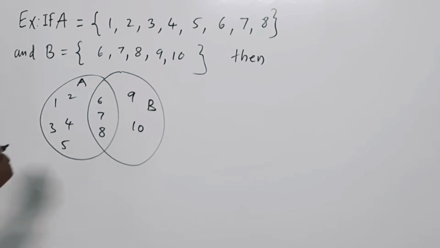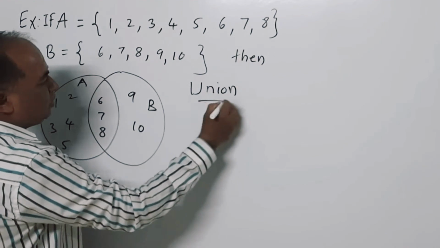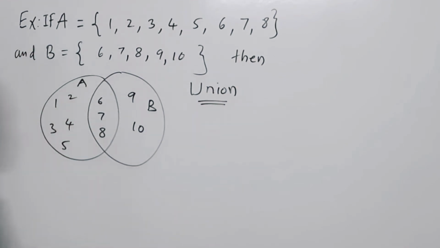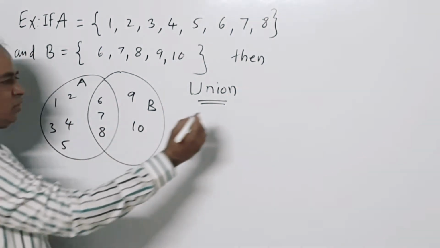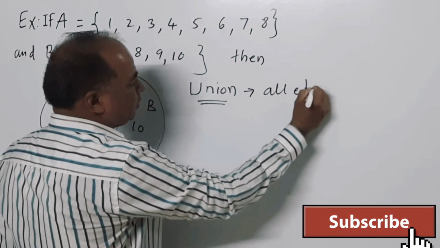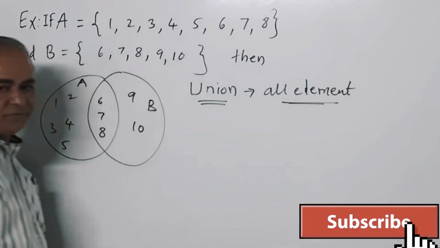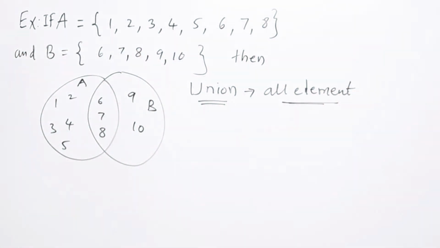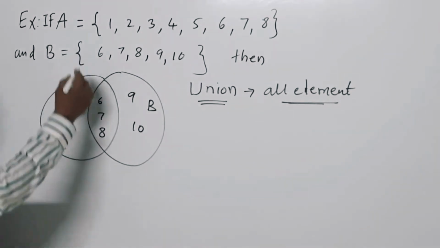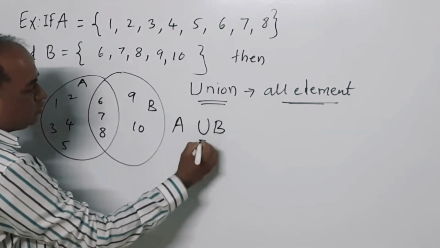Now the union of these two sets. What do you mean by union? Union of two sets means all elements of set A and B are contained in the union. So here set A union B, this is the symbol of union.